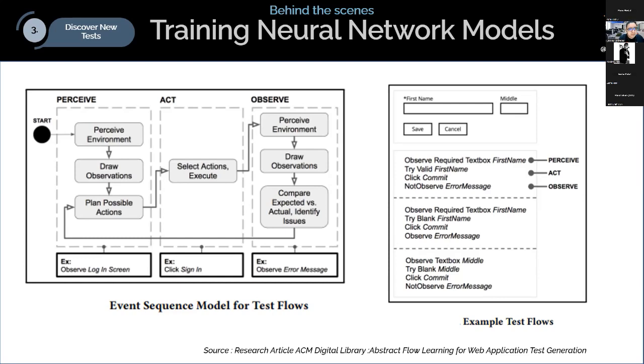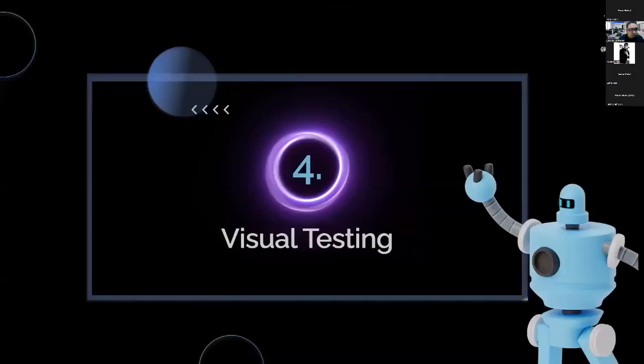In this case, if you enter every field, you would not observe an error message, right? If you enter a blank first name, you will observe an error message. If you enter a blank middle name, you'll observe an error message saying, okay, middle name is missing. So in terms of all of these computations, you're actually training a neural network model in the background, right?